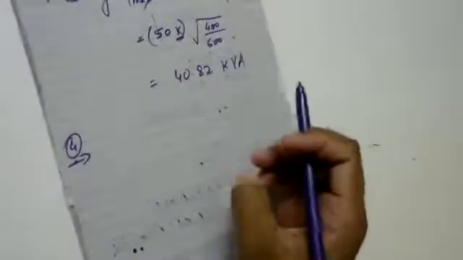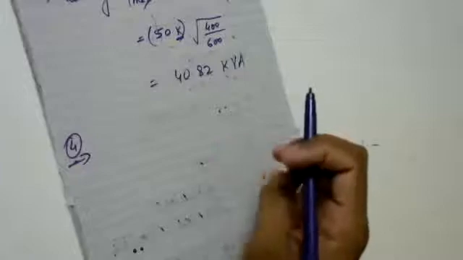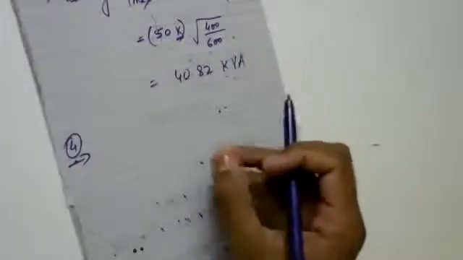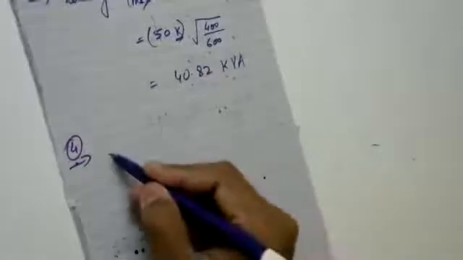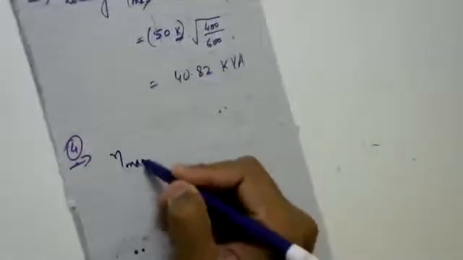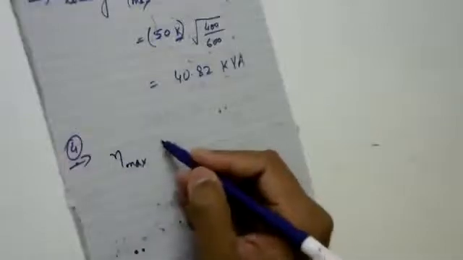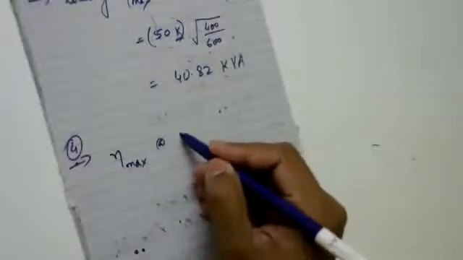First we'll write what is given. The maximum efficiency at full load and unity power factor. Remember that statement. He's saying that maximum efficiency at unity power factor being equal to 1.